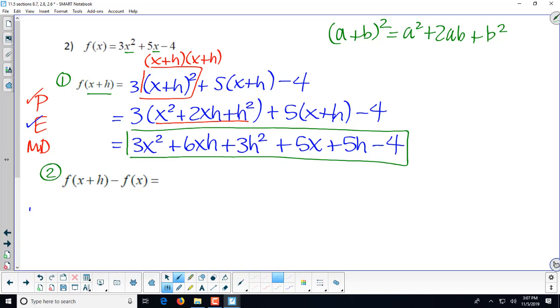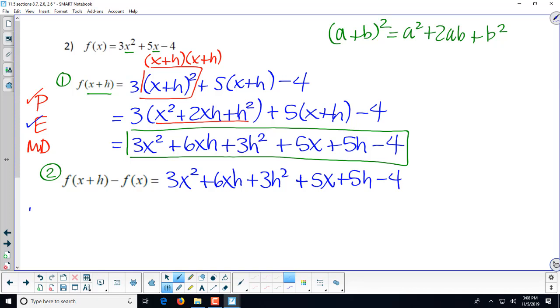All right, so what are you gonna do now? Subtract the original function. So from that, you're gonna subtract. On your paper, you don't have to rewrite it. You can just subtract it, okay? But I'm doing it for up here. I don't expect you to do all this extra writing. Painful, because then you copy stuff down wrong.